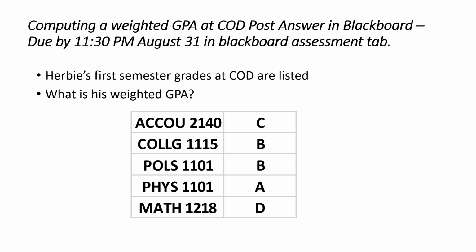So anyway, here's a hypothetical student, and his name is Hypothetical Herbie, and his first semester grades at COD are listed here. And so you see he took a bunch of different courses and got these grades. I'm going to ask you, what is his weighted grade point average?